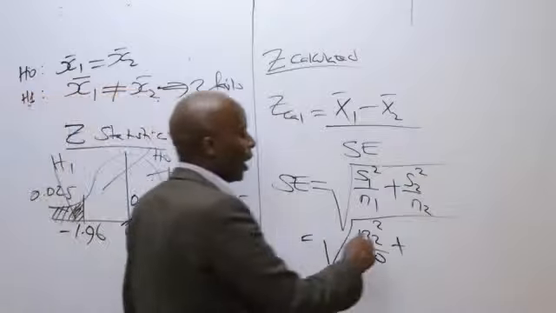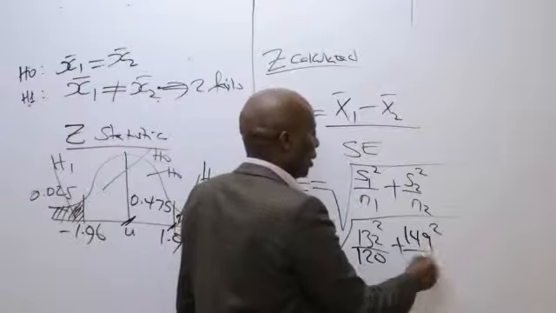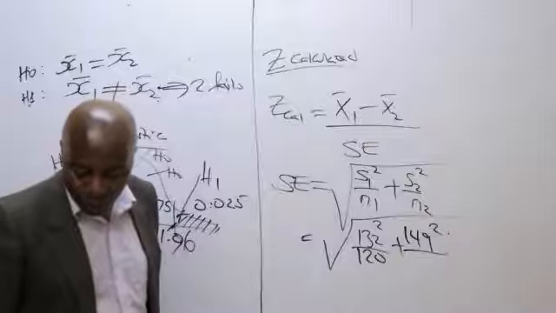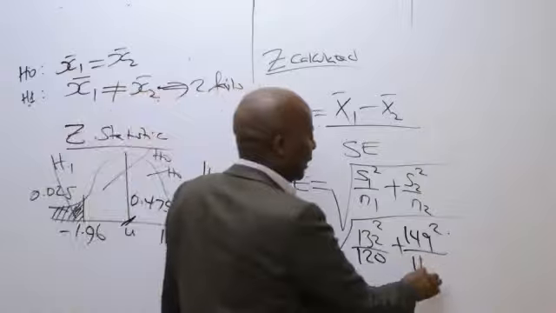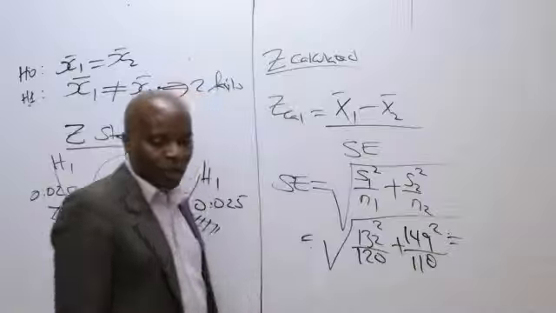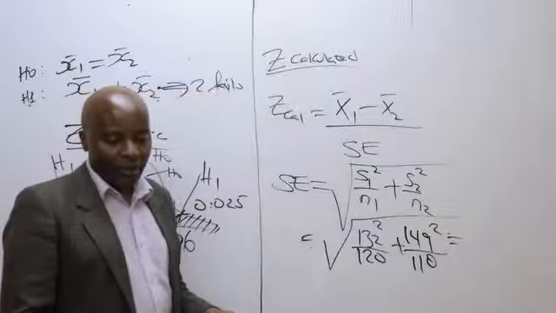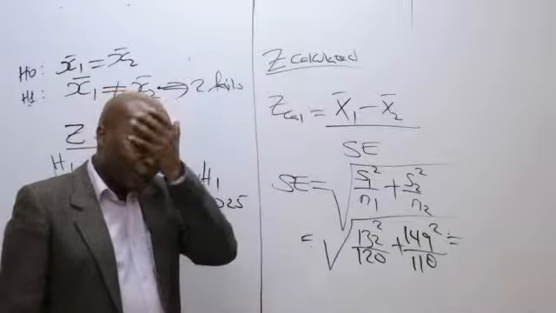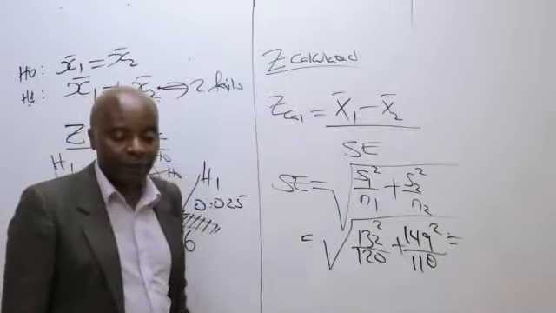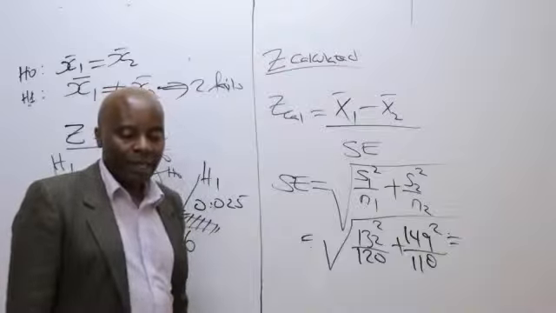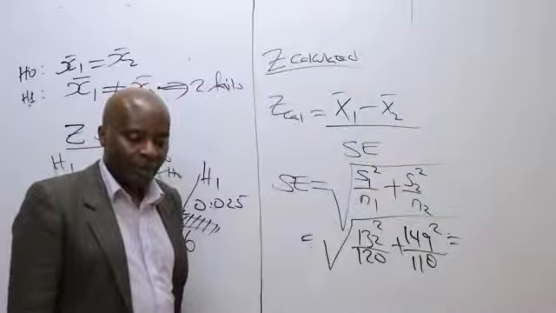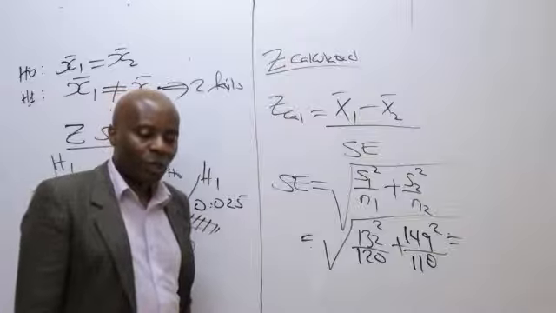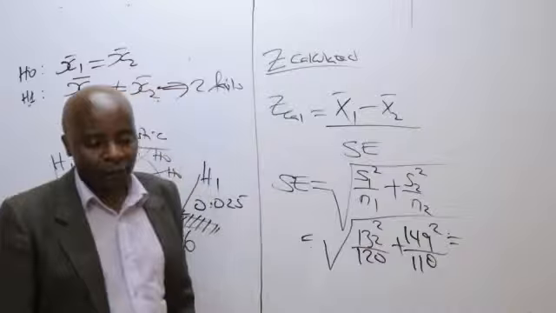So 149 squared all over N2, which happens to be 110. I'm able to see some students giving me an answer. I'm able to see Denzel and Lokai agreeing on some particular answer. They're giving me 18.63. But I would want to get someone else, apart from the two, to confirm that answer for us.